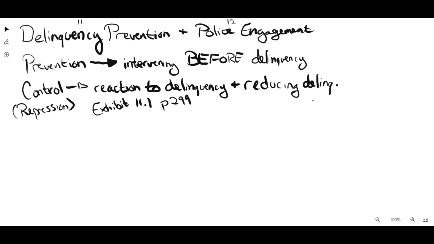Prevention methods are things like home visitation and preschool mentoring programs, whereas control is anti-gang police task force, boot camps, and probation. So there's a clear distinction between reactive and being proactive.